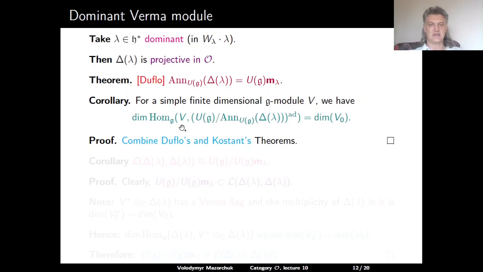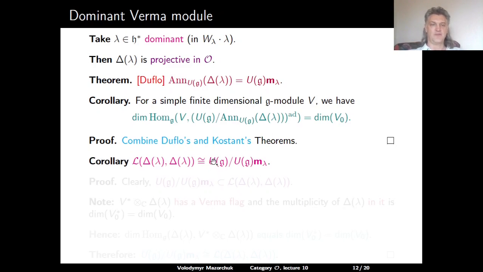Kostant's theorem says that hom V to U G is free over the center of rank dim V0. So when we kill the maximal ideal of the center, what remains is exactly the vector space V0. So this gives us this corollary.